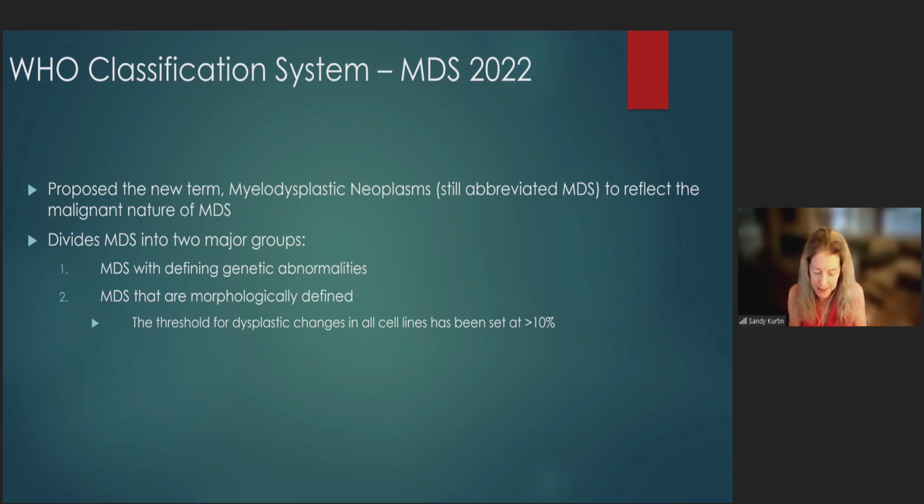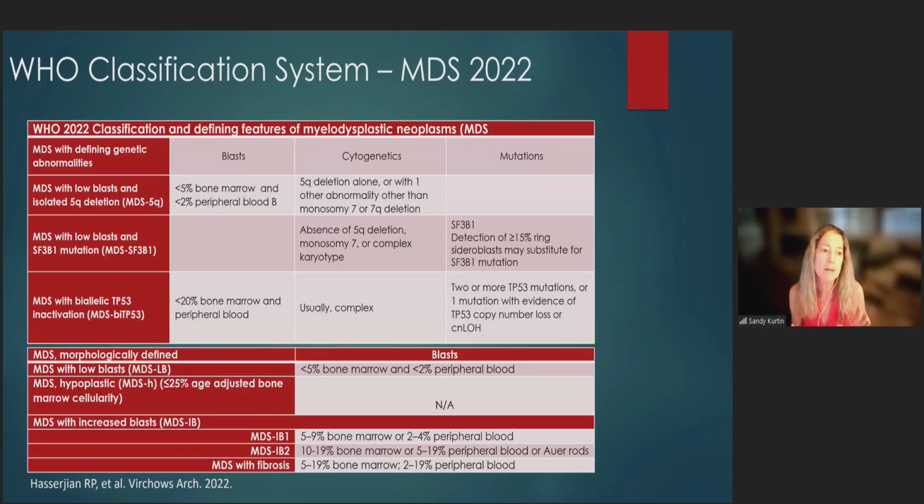And morphology still plays a critical role, but sometimes you don't meet that greater than 10% threshold, and yet by these newer genetic abnormalities, this meets the criteria for MDS. So this is basically that nomenclature, and looking at how we are defining this.